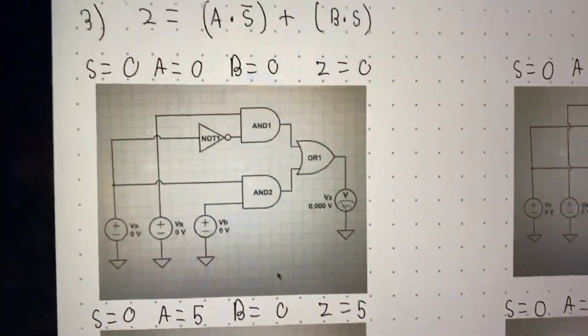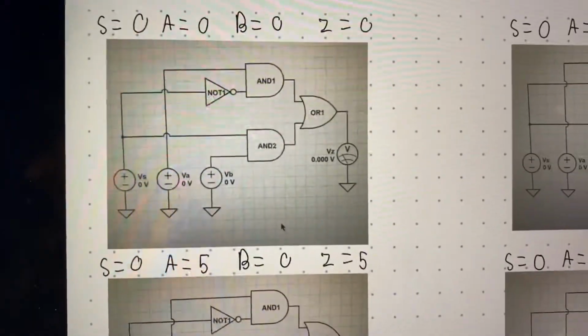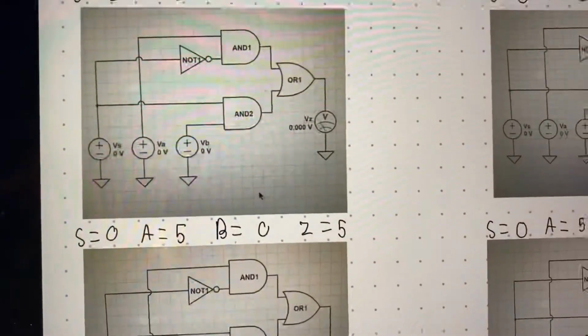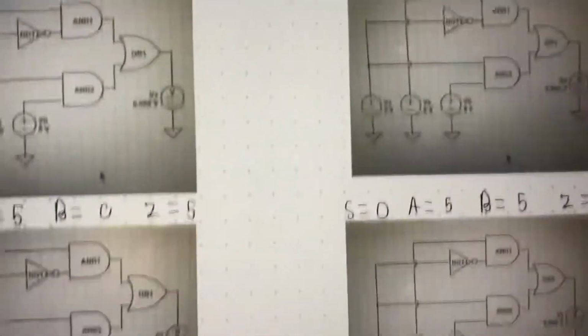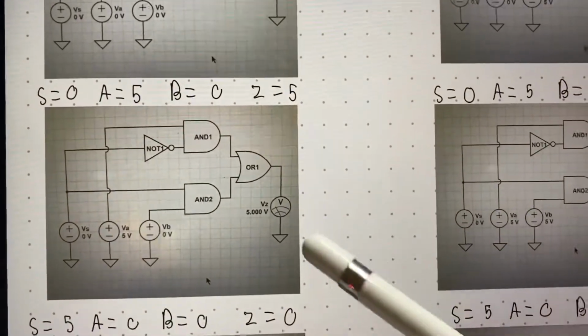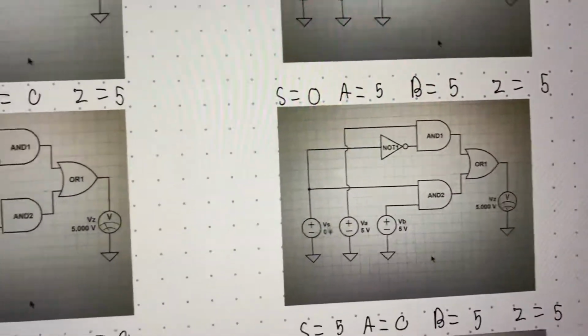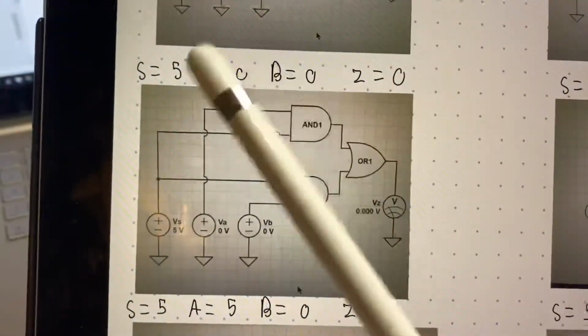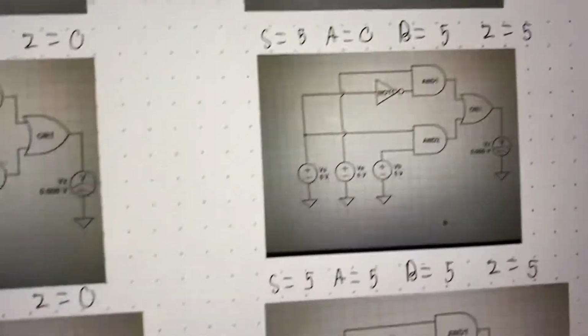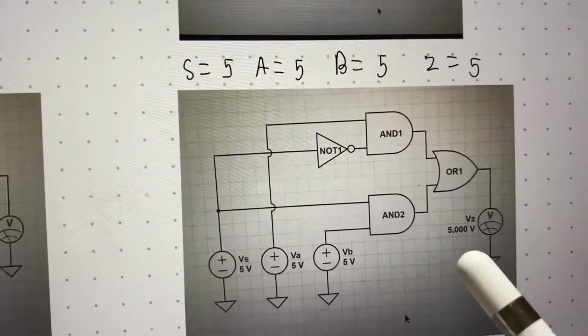And the truth table matches, so when S is equal to 0, it only outputs high when A is high, like there and in that term. And then when S is high, it only outputs high when B is high, so that term, that term.